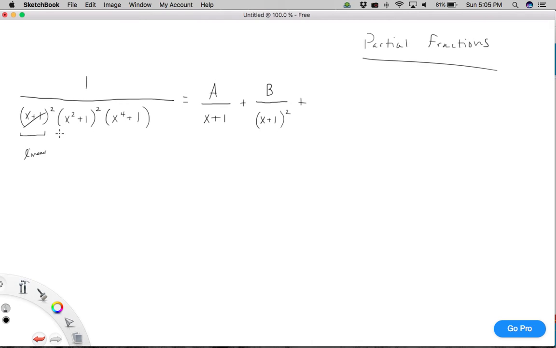Now I'm going to look at this quadratic factor. This is a little more interesting. So if you have a quadratic factor, in other words, your x is a power of 2 in the factor, then you're going to need to have a linear term and a constant.